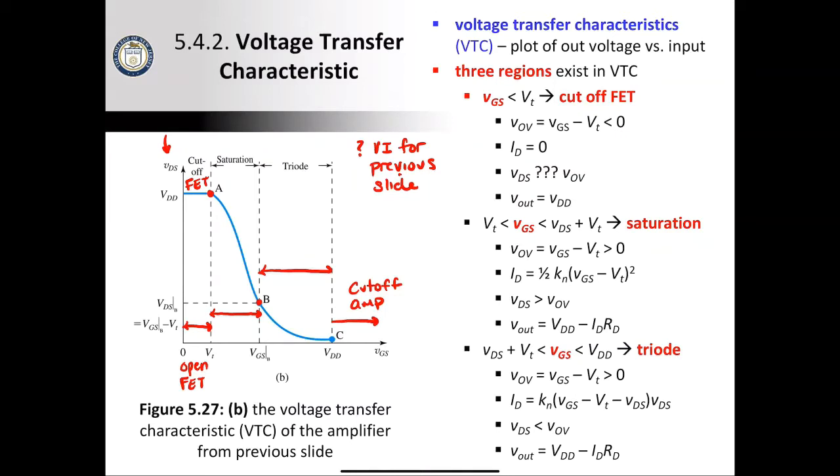We went over these equations last time. The main takeaway here is that we are going to be designing our amplifier to operate solely in the saturation region. So we need to stay between points A and B.